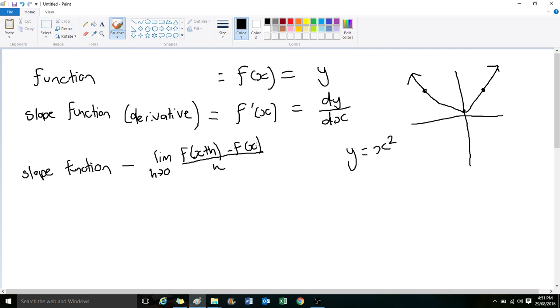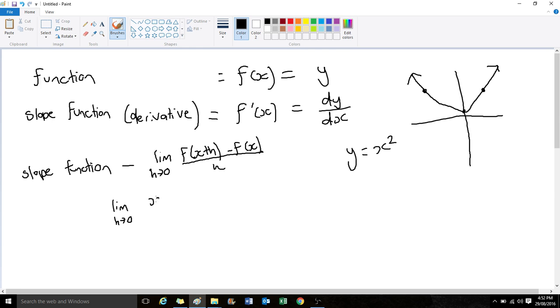So let's do, for example, the function y equals x squared. Our first step is to put x plus h everywhere there is an x in this function. We need to include our limit each time as well, so we've got a limit as h approaches 0.